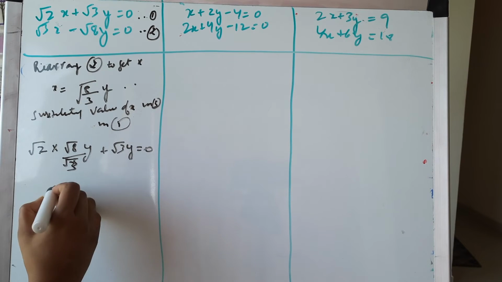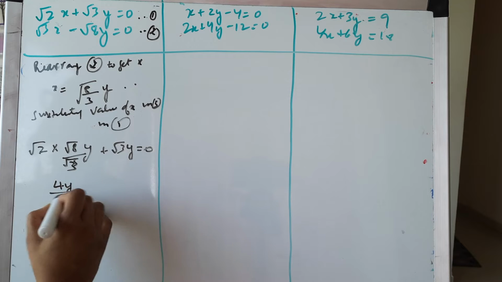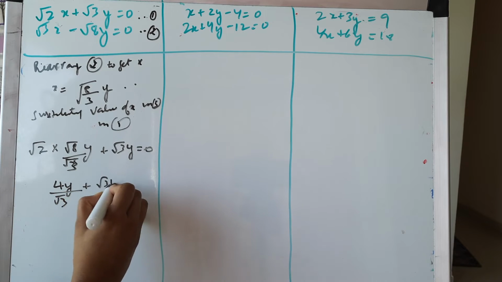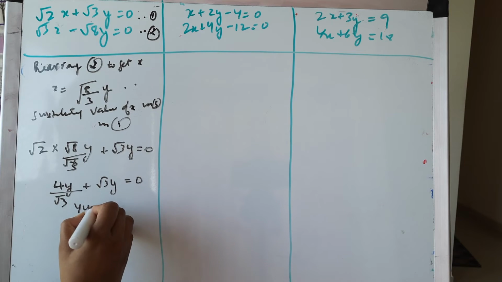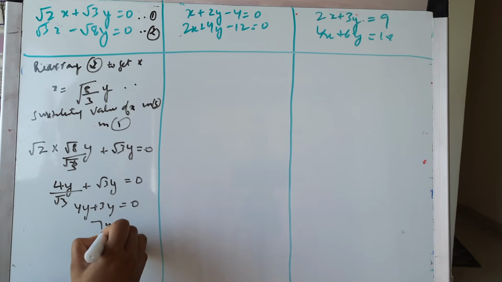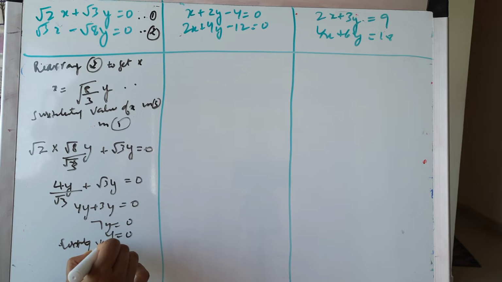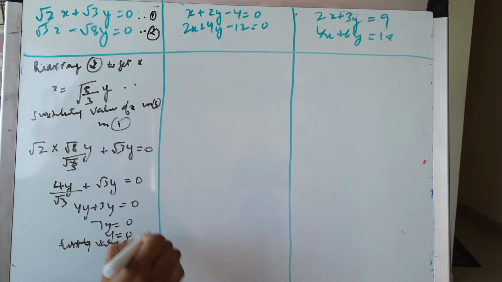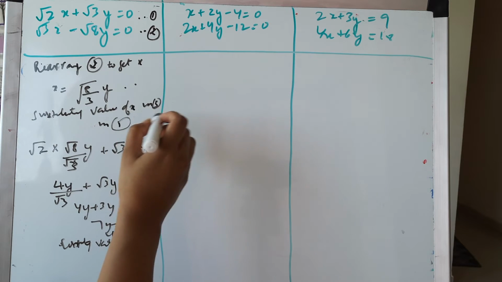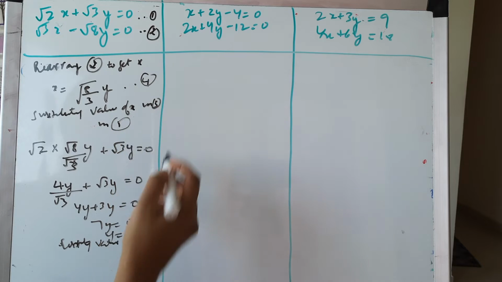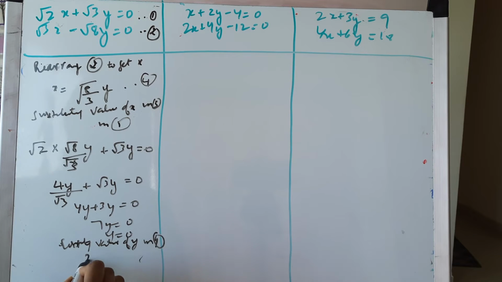Now this we know is 4y by root 3 plus root 3 y is equal to 0, 4y plus 3y equal to 0, 7y equal to 0, y is equal to 0. Substituting the value of y in 4, x is equal to 0. So the solution is x is equal to 0, y equal to 0.